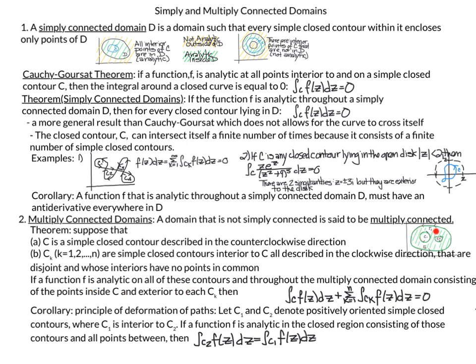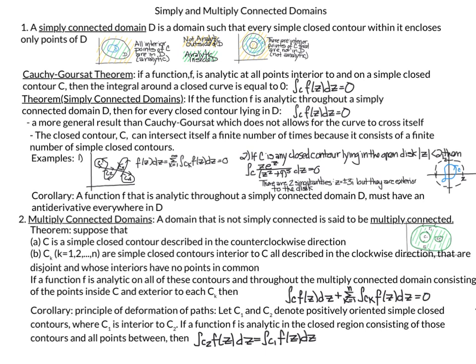So that's this green region. It's inside C but exterior to C1 and C2. Then our contour integral along C, going in the counterclockwise direction, plus the contour integrals along Ck, along C1 and C2, which are in the opposite direction, so you add those 3 contour integrals and you will get 0.